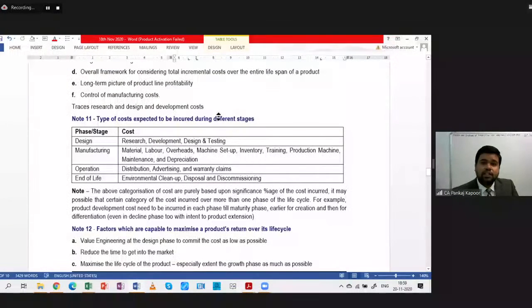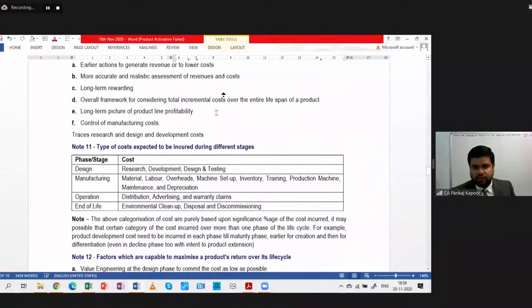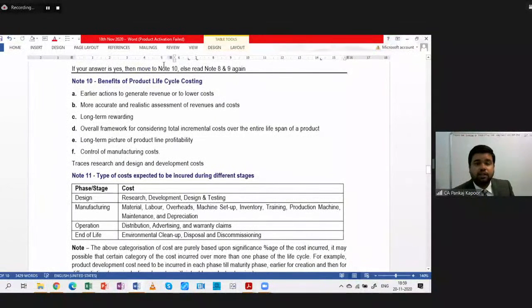Okay, friends, in the last lecture, we left our discussion while discussing the benefits. These benefits are given on the page number 4.29 of the study material. Okay, but these two topics are new.